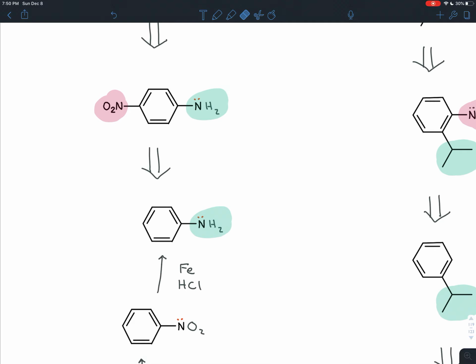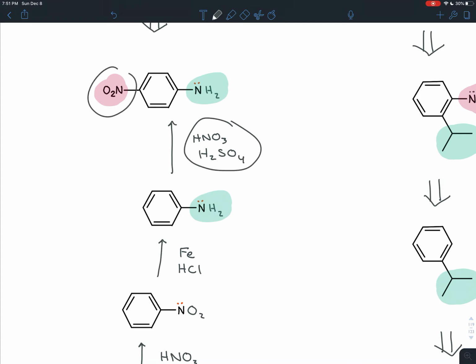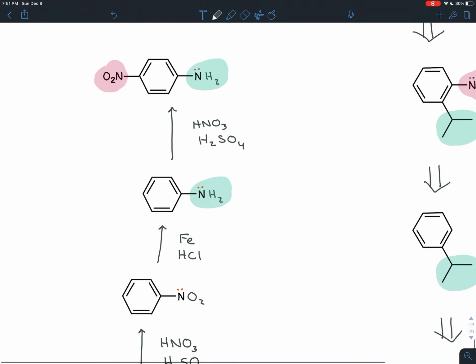Now, once we have that ortho-para director there, we are very tempted to do another nitration, HNO3 and H2SO4, but there's a problem. This normally does add an NO2 onto the molecule, and because this is an ortho-para director, we would normally get it on the ortho and para positions, especially on the para position because this is pretty bulky.